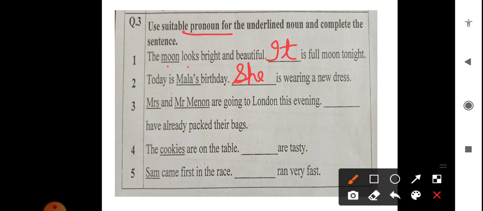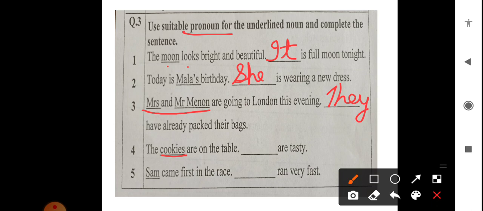Mrs. and Mr. Menon are going to London this evening. Now here we are talking about two people. So children, they have already packed their bags. The cookies are on the table. Now the cookies, plural.